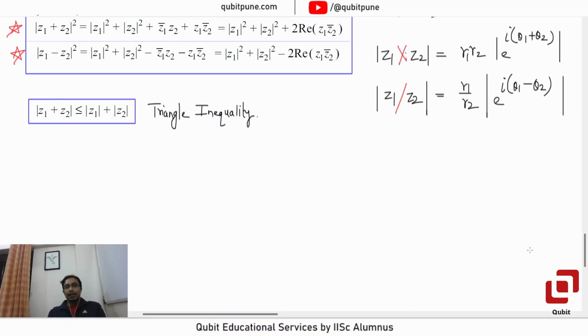You already know this, but can you tell me what conditions Z1 and Z2 should satisfy such that mod of Z1 plus Z2 becomes equal to mod Z1 plus mod Z2? Can you identify the condition?